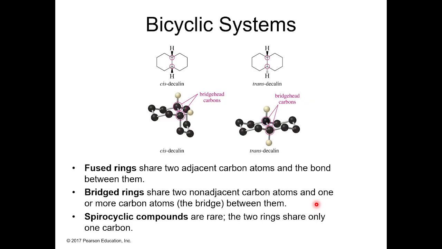The bicyclic systems. So again, bicyclic, what do you think those mean? Yeah, like a bicycle, right? 2 wheels. Or 2 rings, right? So bicyclic, 2 rings. There's some concepts that we need to introduce, so we have the language to talk about these.